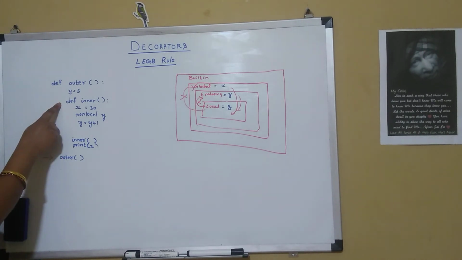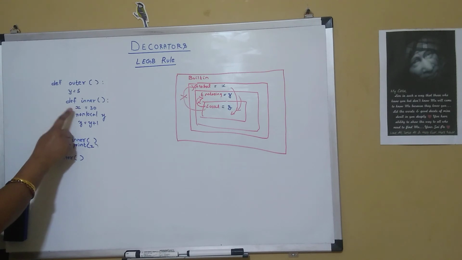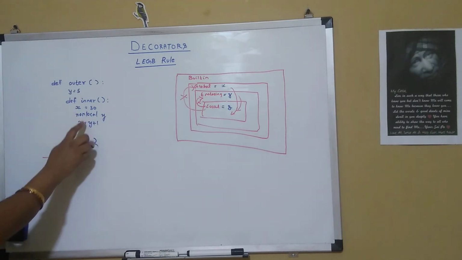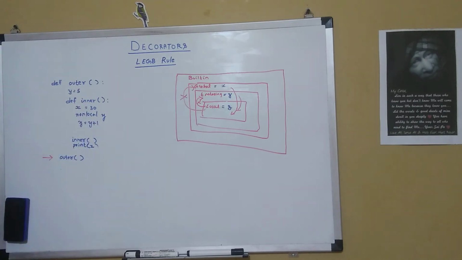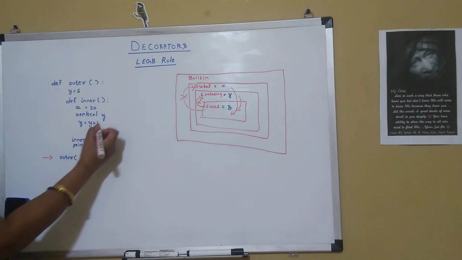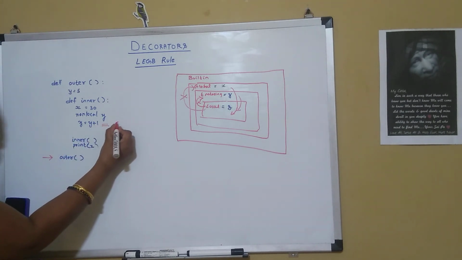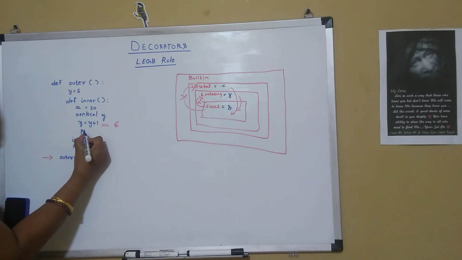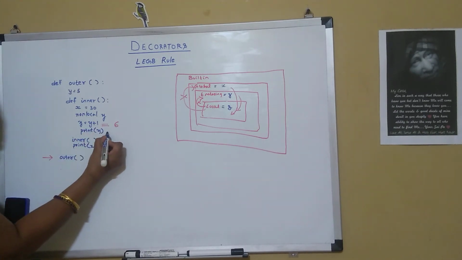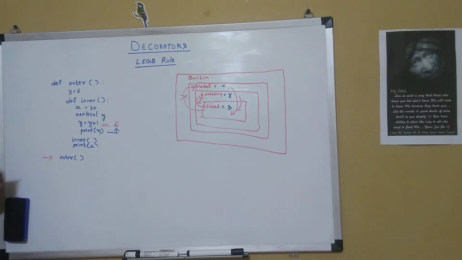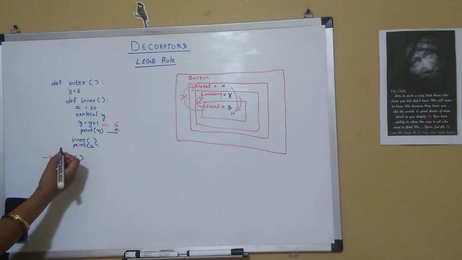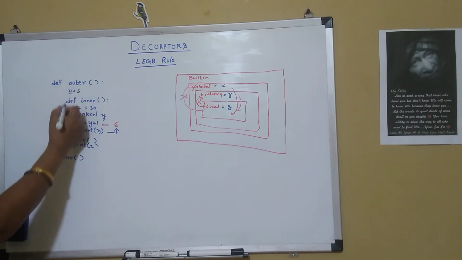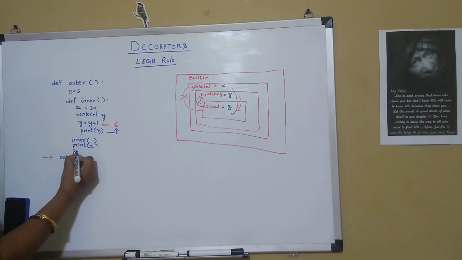Now the inner function gets called, x equal to 30, nonlocal y. So we can modify this y over here. It won't give any unbound local error. So my y gets equal to 6 because 5 plus 1 is 6. So now if I say print y, it prints the value 6. And let me come outside this, and within this particular outer function, let me print y.